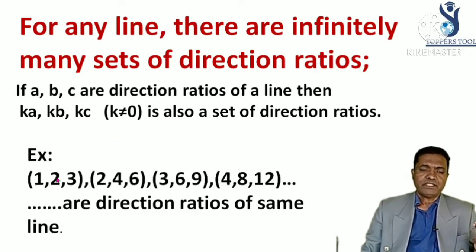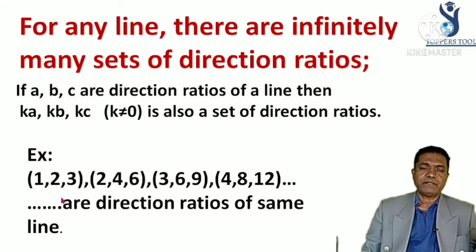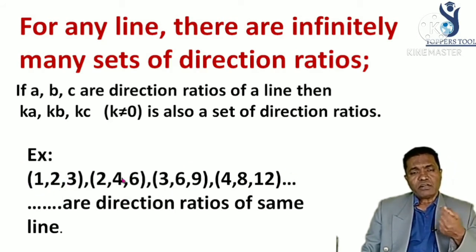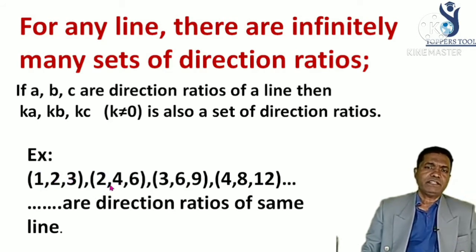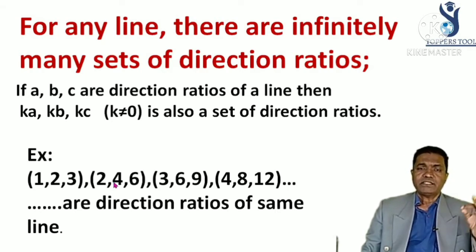For example, if you have 1, 2, 3 as direction ratios, multiplying by 2 gives 2, 4, 6, and multiplying by 3 gives 3, 6, 9. These all constitute sets of direction ratios of a given line, so direction ratios of any line are infinitely many combinations.